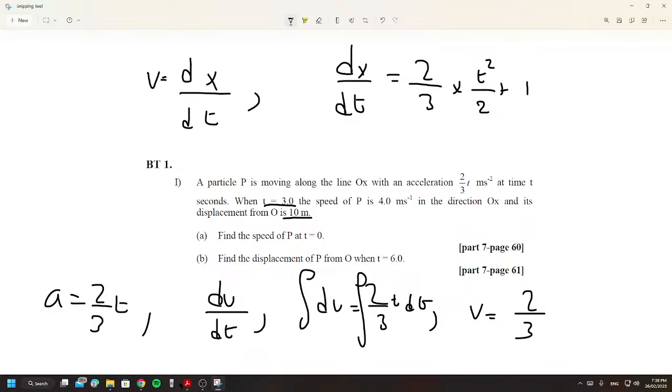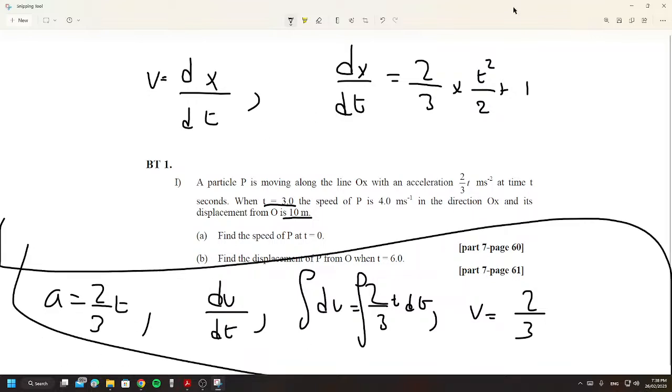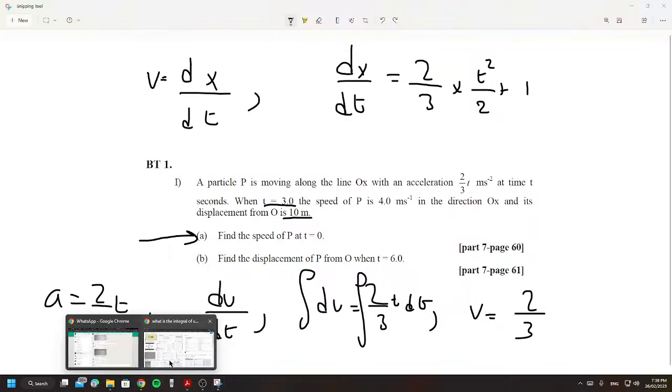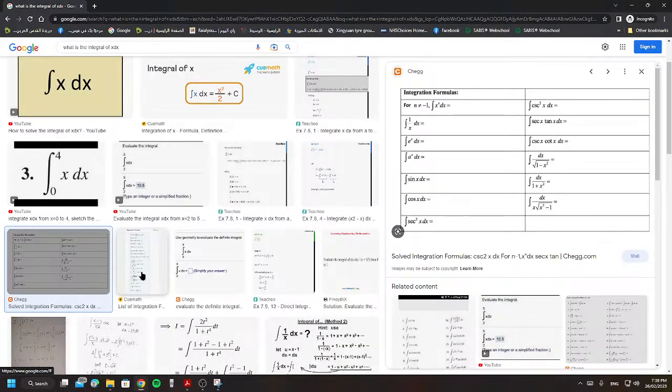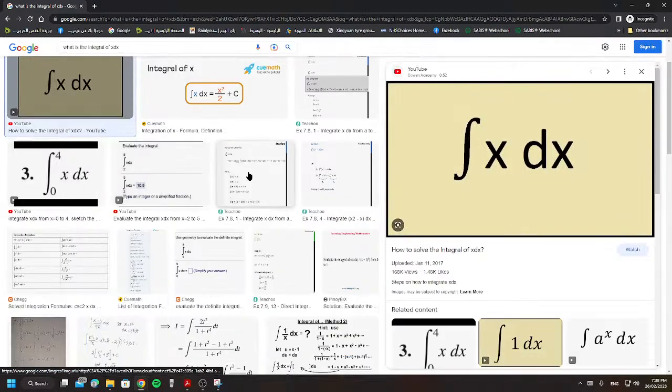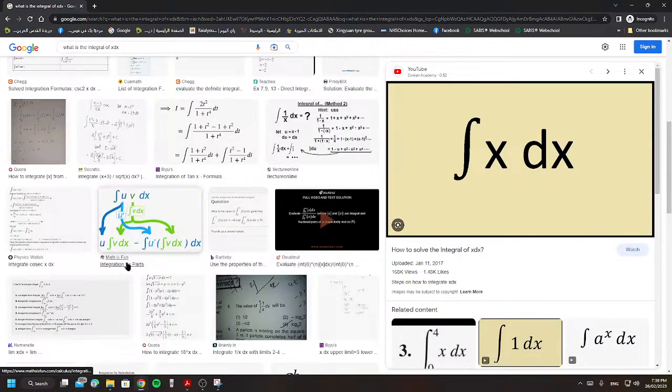Yeah, no, I'm repeating from the beginning. All this, I'm repeating it from the beginning. This is for part A. I'm repeating for part A because I feel like I got this formula, this expression, rather, wrong. I forgot how to integrate. What is the integral of this? Oh my God.